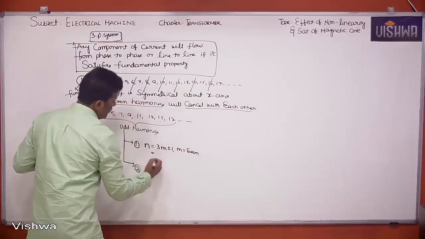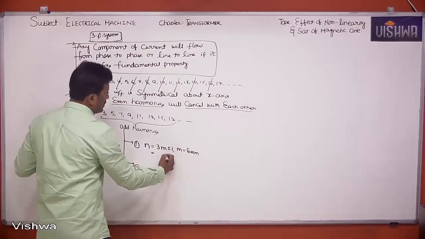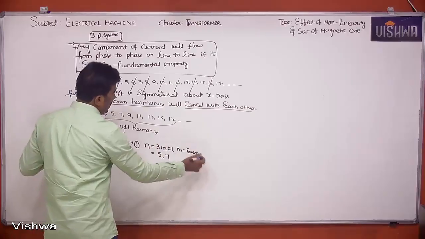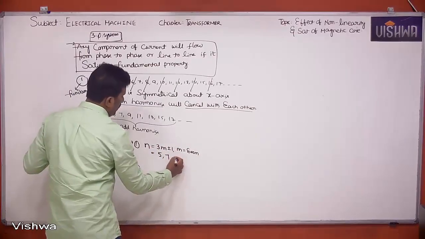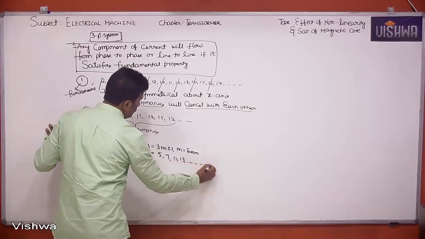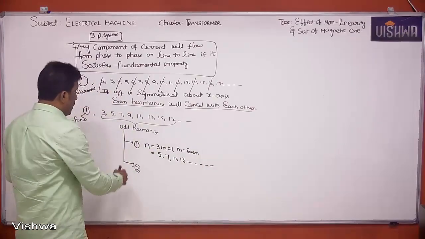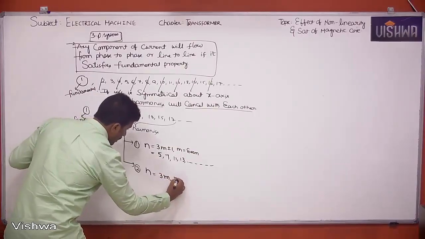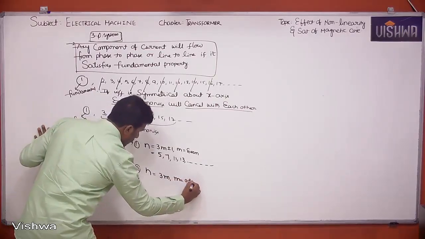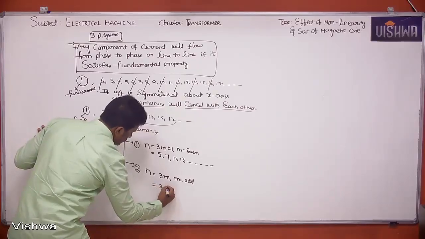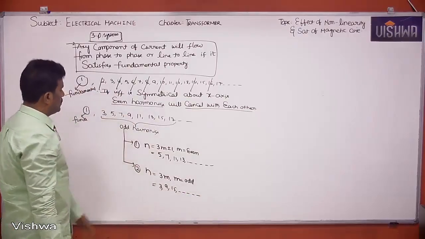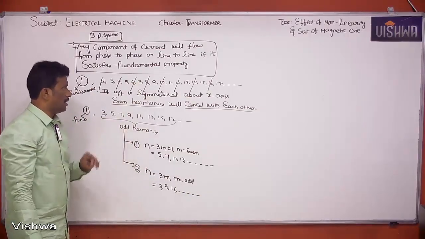That means you'll be getting 3 2s are 6 plus 1 is 7, 3 2s are 6 minus 1 is 5, 3 4s are 12 plus 1 is 13, 3 4s are 12 minus 1 is 11, and so on. And the second group is n equal to 3m, where m is odd, meaning 3 1s are 3, 3 3s are 9, 3 5s are 15, and so on. These are the harmonics. Why I divided odd harmonics into two groups, I'll tell you that.